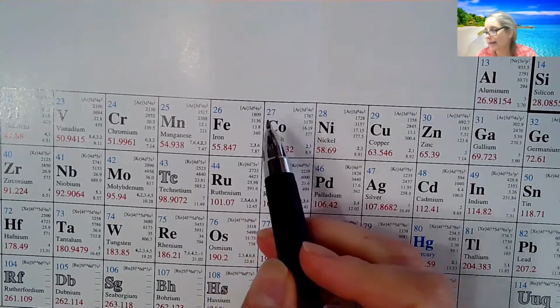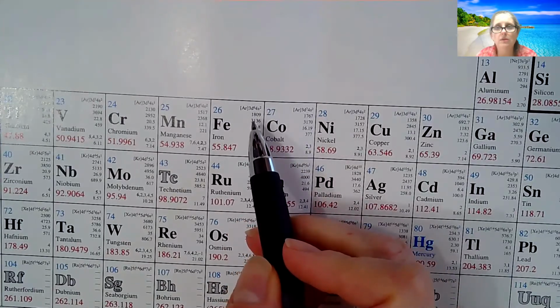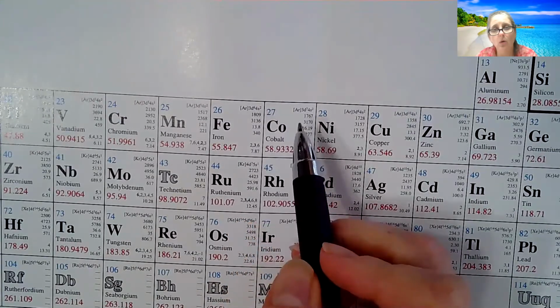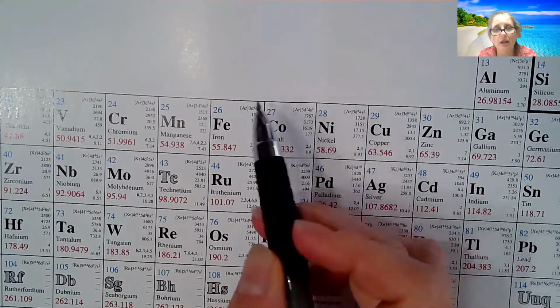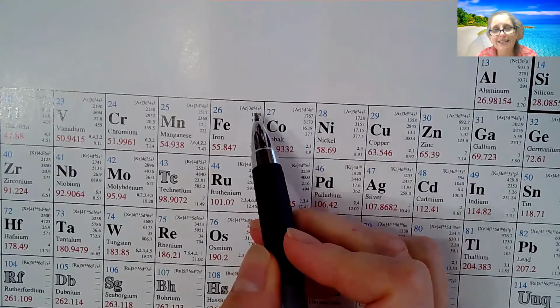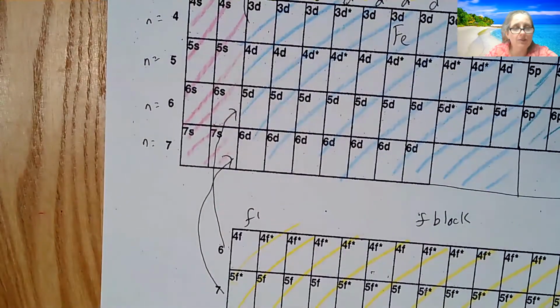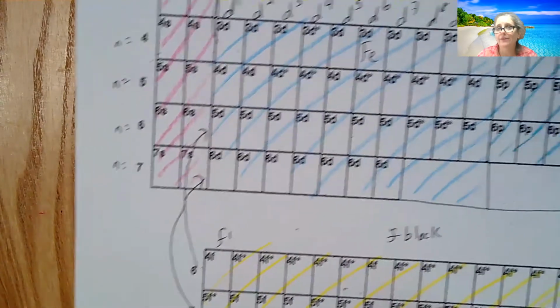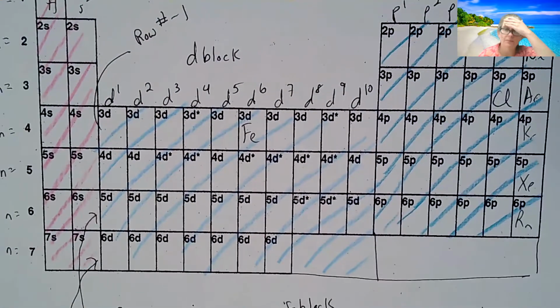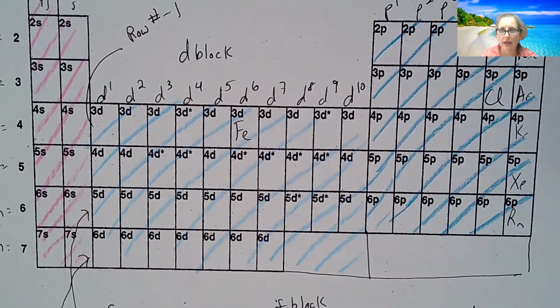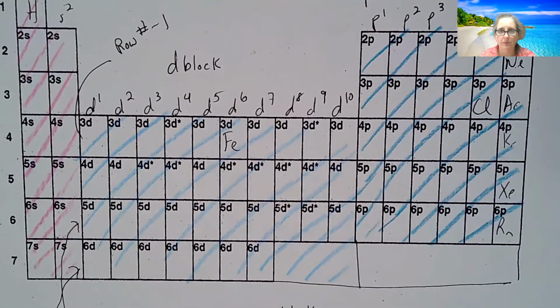Now, the one thing I don't like about the Flynn periodic table is they put the energy levels in order of increasing energy. So they put the 3d6 before the 4s2 for iron. I like to write it according to how it is filled. It does not matter to me how you do it, and both are going to be acceptable, but do note that you will see that on the Flynn periodic table.